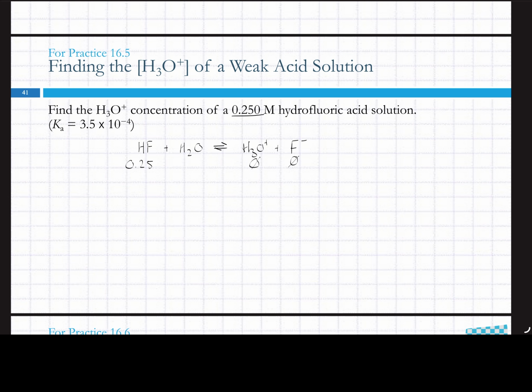Like the liquids and solids, their concentrations don't change. So I'm just going to put a line through it. And then which way is this reaction going to shift? To products, because they're both 0. So my change here is negative x, this is plus x, this is plus x. So 0.25 minus x, x, x.